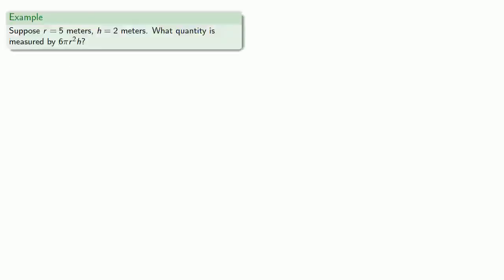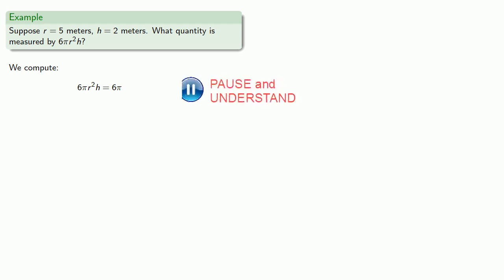So, for example, suppose r equals 5 meters and h equals 2 meters. What quantity is measured by 6 pi r squared h? So we can compute that. 6 pi r squared h. Well, 6 and pi are pure numbers, so they don't have any units associated with them. Meanwhile, r is 5 meters, 5m, and h is 2 meters, 2m.